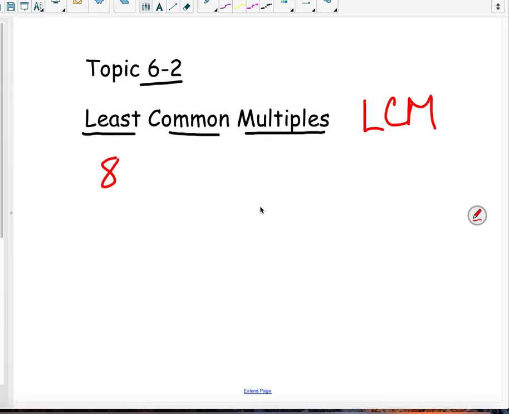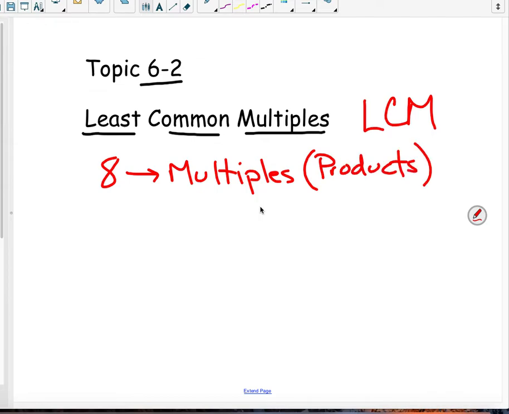If we talk about the multiples of 8, we would be talking about 8 times a number to get a product. So multiples are basically the same as products, and you're going to use 8 as a factor to multiply another number.